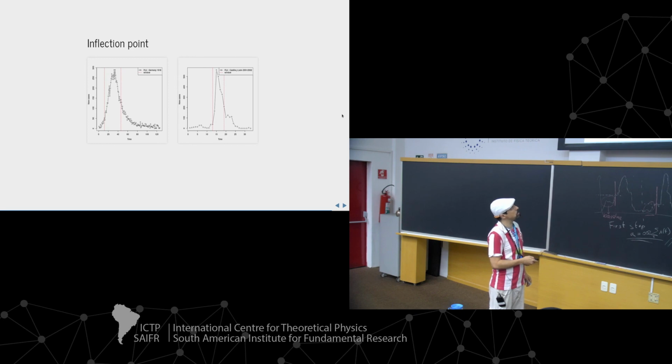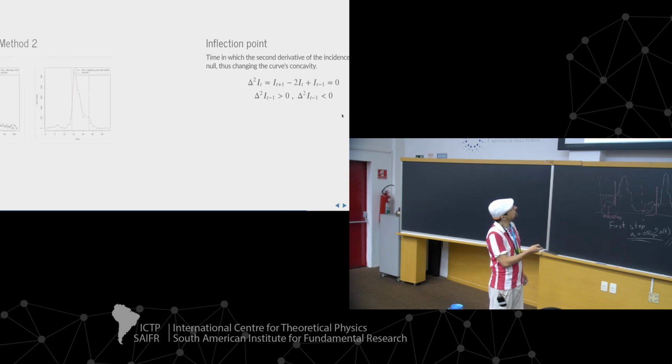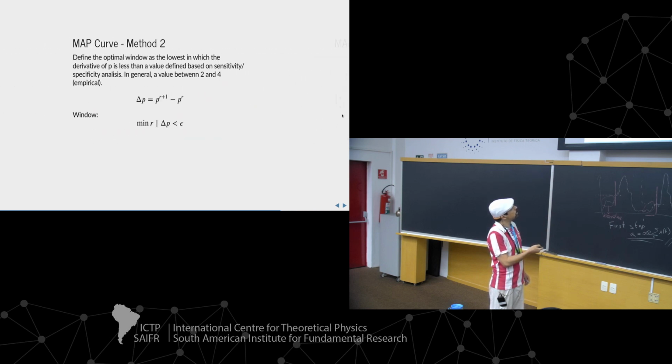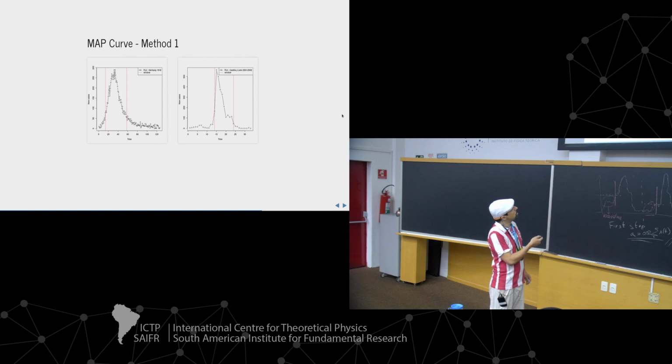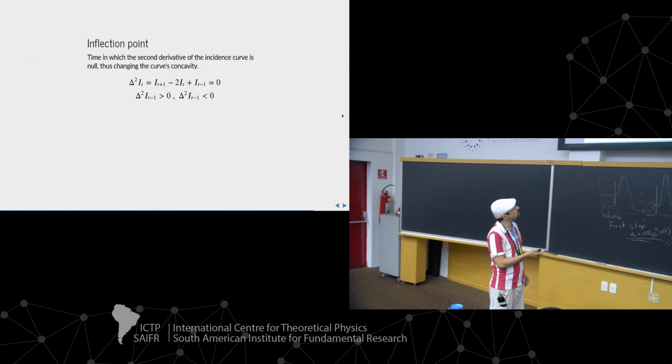Okay, and this is just an example again on those two curves. We can see that for Germany now we are more or less close to what we had with method 1 based on the map curve.